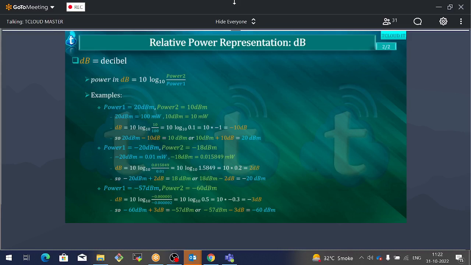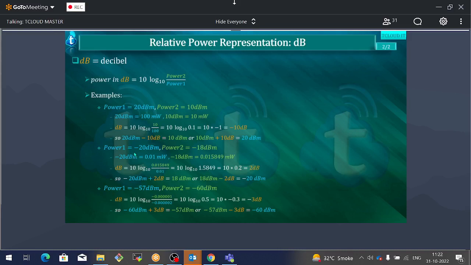But 100 is not becoming 90 here. 100 is becoming 10. For example, if it would have become 90, we would get the value of about 1 dB.